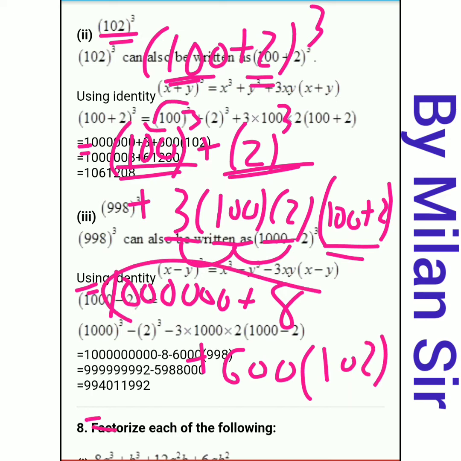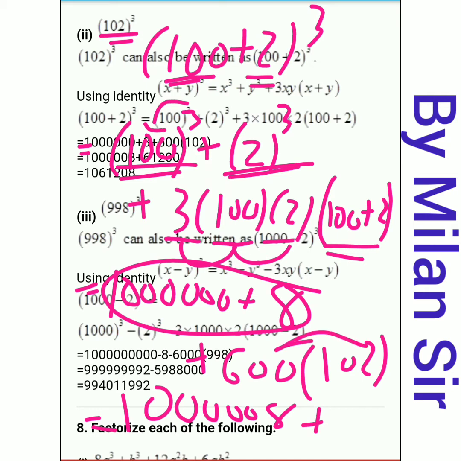Now the answer of the first two terms is 10 lakh 8. Here we need to multiply 600 with this bracket. First of all, 102 multiply 6 is 612, and after that we put the two zeros.